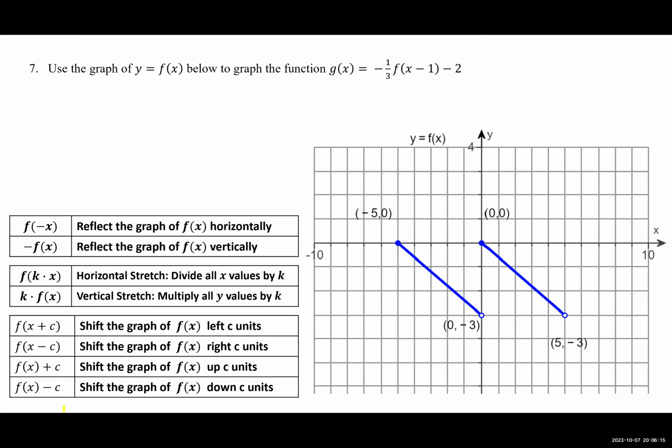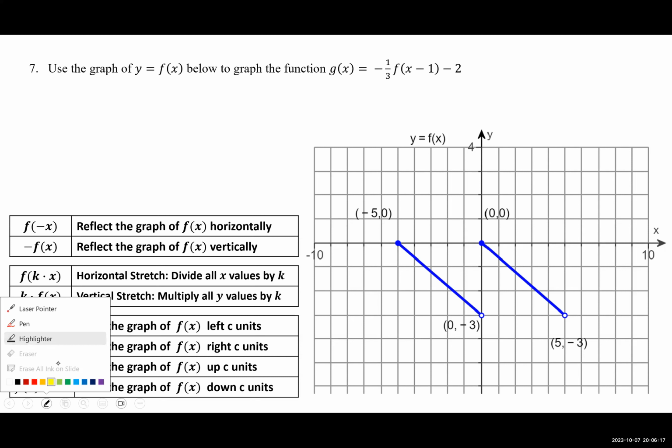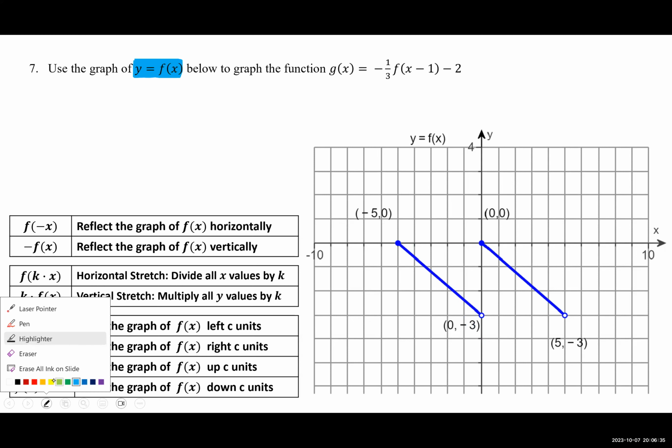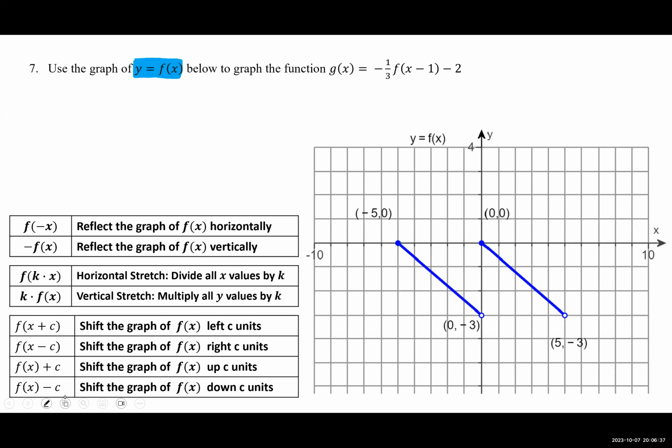That's the blue graph. Those two blue lines, with closed circles on one end of each and open circles on one end of each. So those two lines make up the graph of y equals f of x.